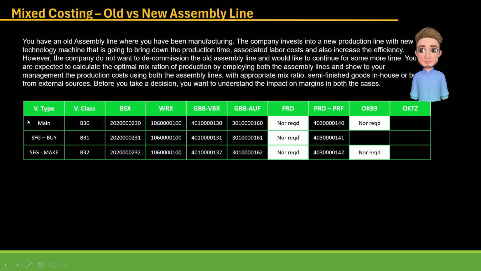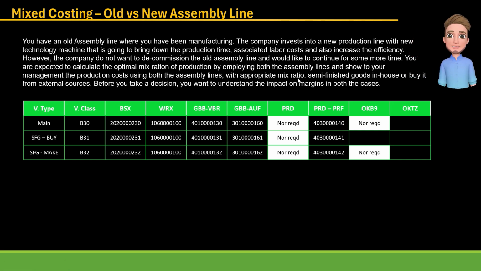So let's go here. What is the scenario we have? We have a scenario where you have two different assembly lines. Your company has already been using one particular assembly line for the last 10 to 20 years for producing, let us say, steel coils or something like that. Now they have invested in a new assembly line with new robotic machinery.